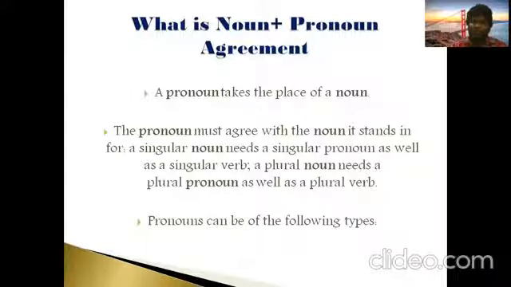The same thing is going to happen in noun pronoun agreement. A singular noun will take a singular pronoun, and a plural noun will take a plural pronoun. So this is the noun pronoun agreement.